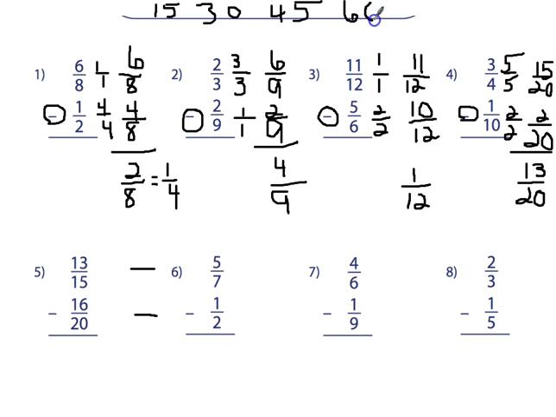Oh. I count by 20s, 20, 40, 60. So 60 is my least common multiple for 15 and 20.